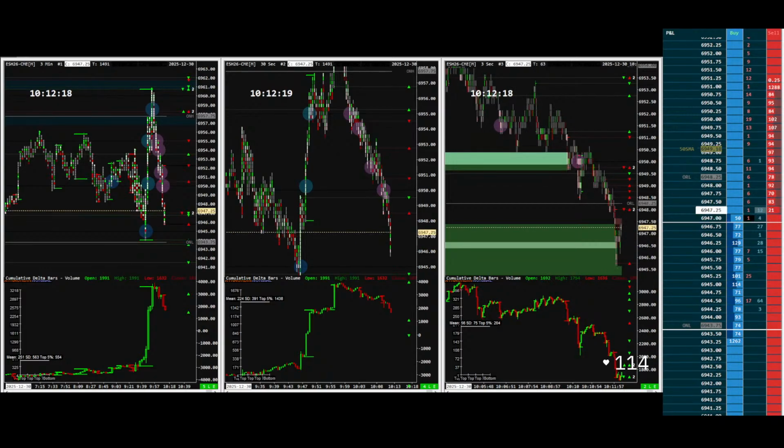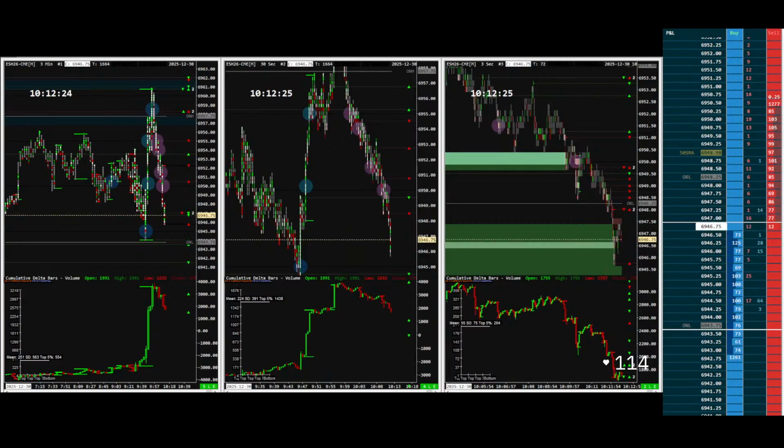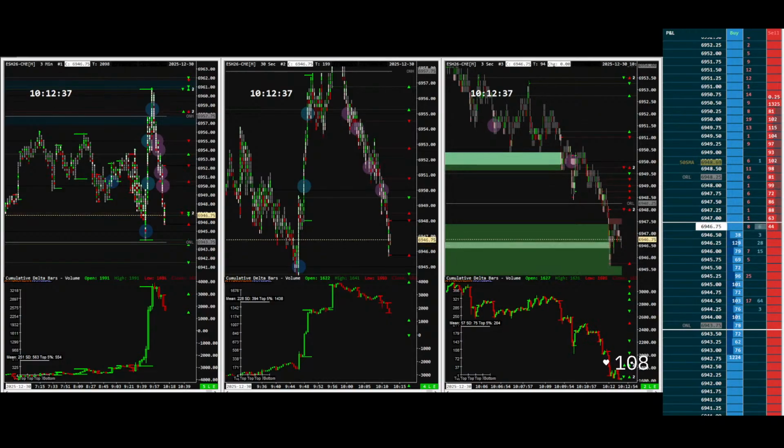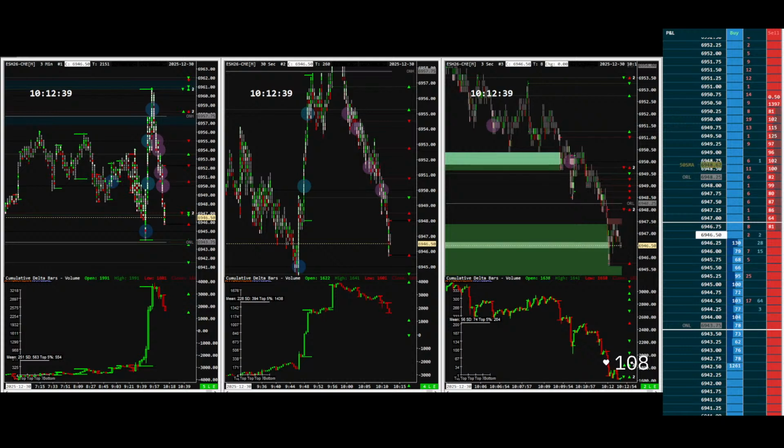Yeah, and it's kind of giving that capitulatory look. We know they're kind of breaking out a bit. Breakouts, let me see.